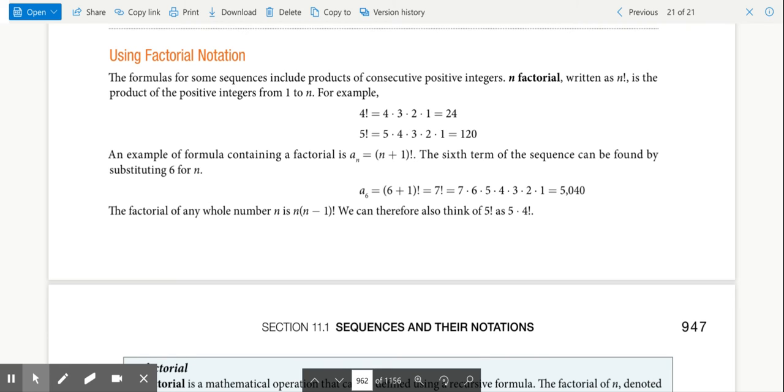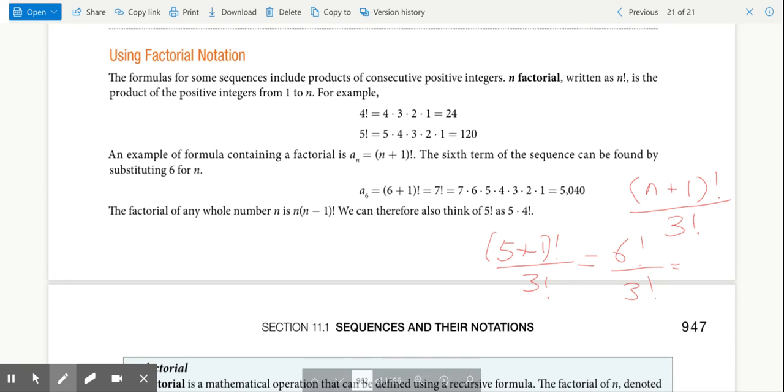For example, if I have n plus 1 factorial over 3 factorial. For example, say I had something like this. And so my n turned out to be 5. Okay, so I'm doing 5 plus 1 factorial over 3 factorial. That would be 6 factorial over 3 factorial.